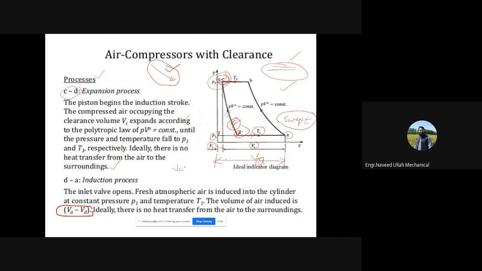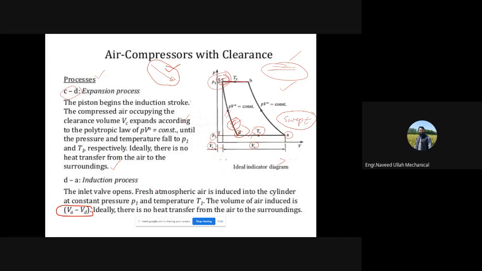So this is your swept volume and this is your clearance volume. So VC is equal to the total volume VA minus swept volume. ठीक है, और you can say that the total volume is equal to clearance volume plus swept volume. ठीक है, ये आप देख सकते हैं. इंडक्शन प्रोसेस, previously हमारे पास इंडक्शन क्या था? इंडक्शन was VA. ठीक है, ये सारा वॉल्यूम जो है ये इंड्यूस्ड वॉल्यूम था. अब इस केस में क्या है?